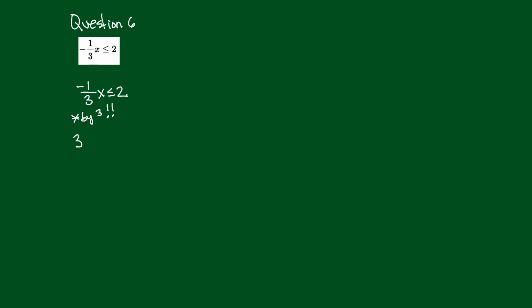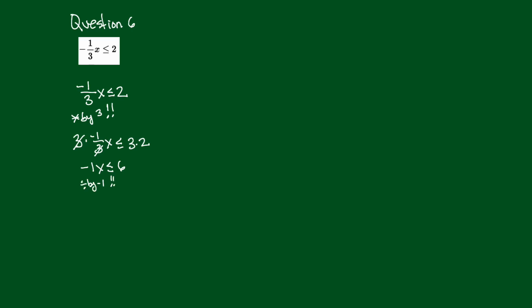So let's just write 3 times negative 1/3 x less than or equal to 3 times 2. Now on the left side, 3 and the 3 is once, so I'll just get negative 1x less than or equal to 6. Now I see I've got a multiplication. I'm multiplying by negative 1, so I'll undo that with a division by negative 1.